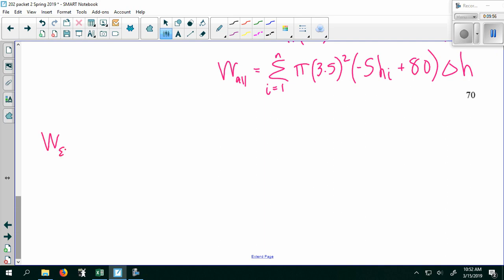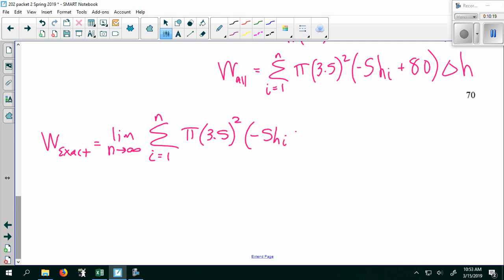So the exact weight is the limit as the number of slabs I'm stacking up goes to infinity, and the delta H, the thickness of each slab, goes to 0, of the sum from i equals 1 to n of pi times 3.5 squared times (-5h_i plus 80) delta H.